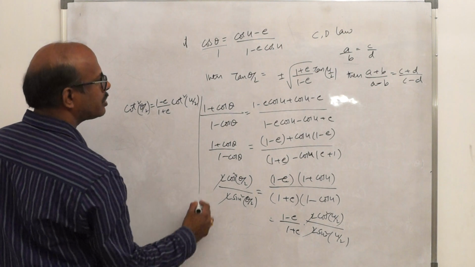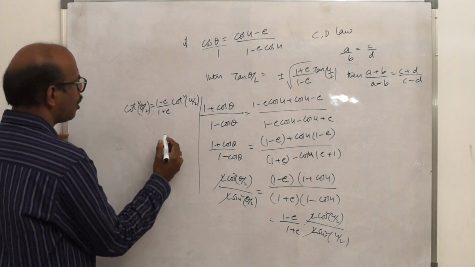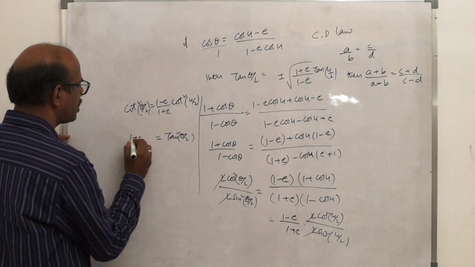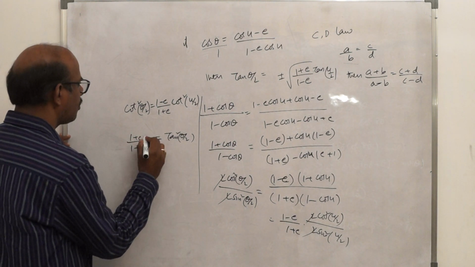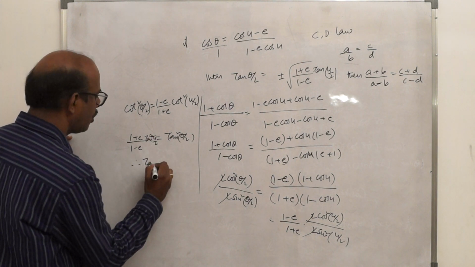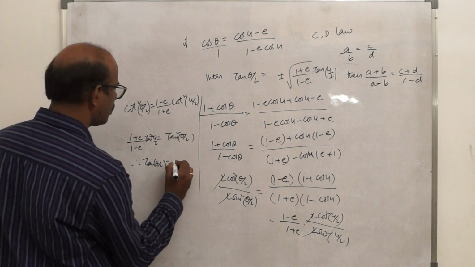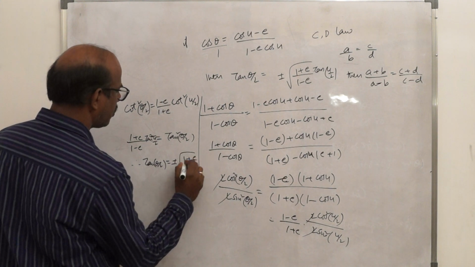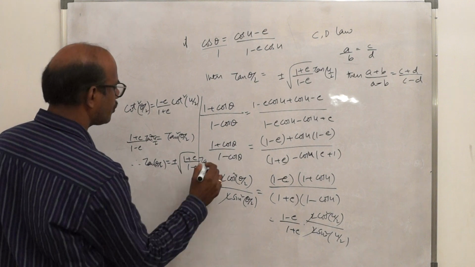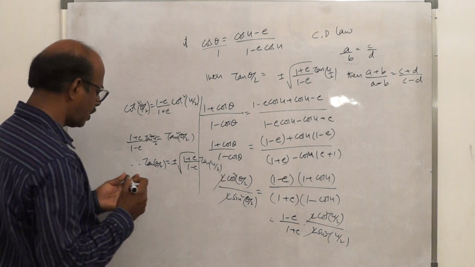Now our target is the tan relation. So it will be tan² θ by 2 equals (1 + e) by (1 − e) times tan² u by 2. Therefore tan of θ by 2 equals plus or minus the square root of (1 + e) by (1 − e) multiplied by tan of u by 2. Now that is the relation.